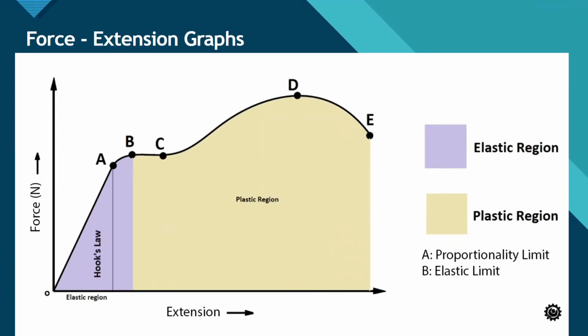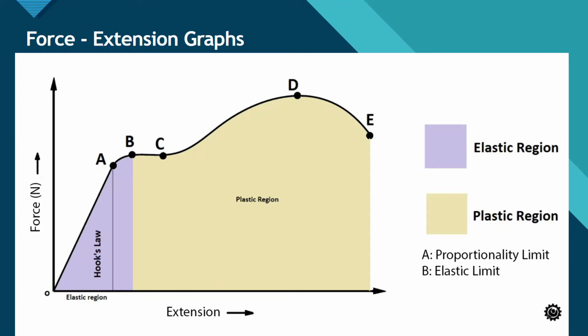This behavior can be tracked using a force extension graph. What a force extension graph simply shows is how much the object, or say a spring, changes in length or deforms in accordance with a particular force, and vice versa. So if you have y force, it's going to correspond to an extension of x distance.